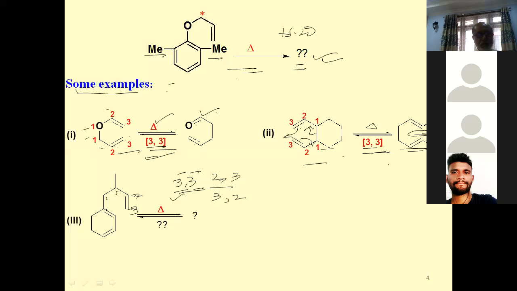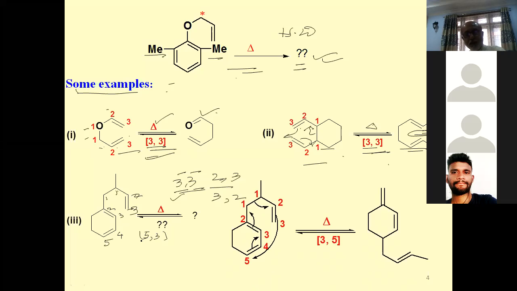And come this way: 1, 2, 3, 4, 5. So it is a 3,5 sigmatropic shift. Not 3,3 or 2,3. See this: a 3,5 sigmatropic shift.